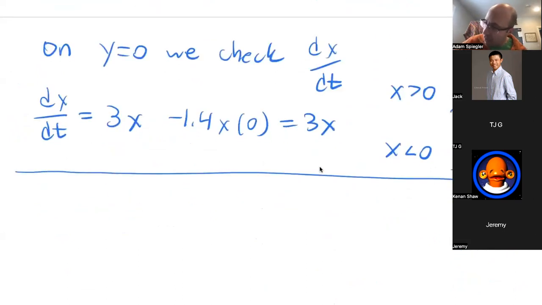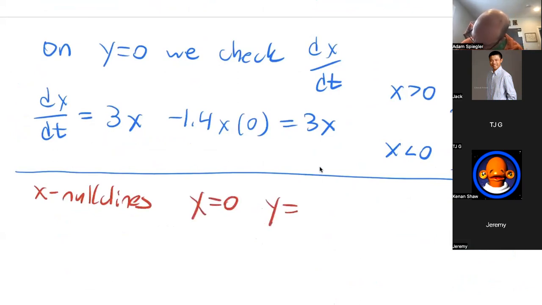Okay, so then we'll do the same for the x-nullclines. We had x equals 0, and I'm approximating y as approximately 2.14.